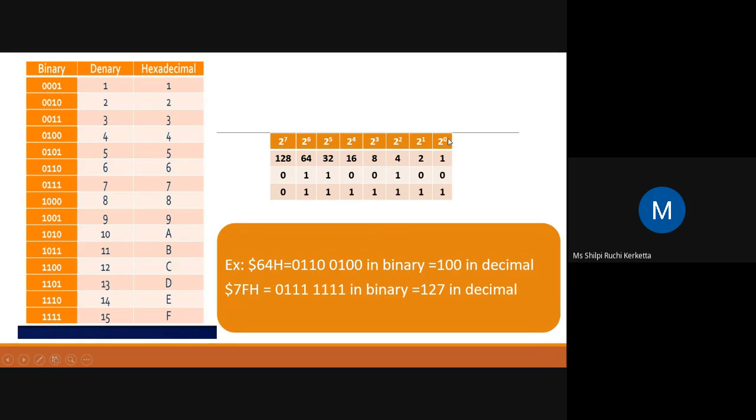We will write 2 to the power 0, 2 to the power 1, write all the values and see what the values are. Okay, so we will add wherever we are getting a 1. So 64 plus 32 plus 16 plus 8 plus 4 plus 2 plus 1. So after adding all these numbers, we are getting 127. Any doubt?